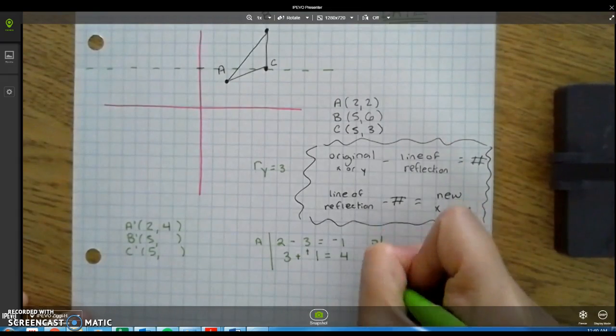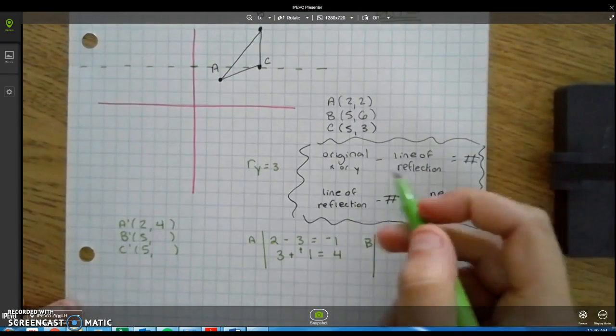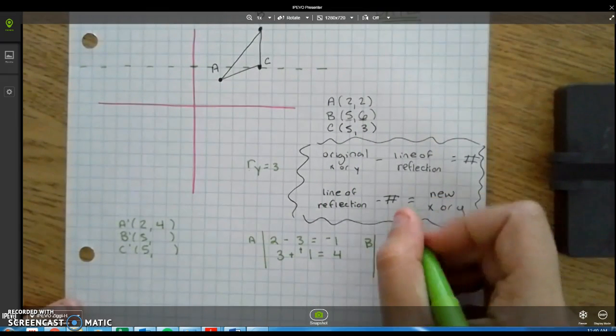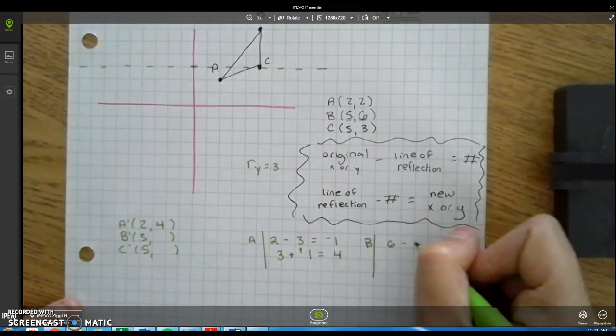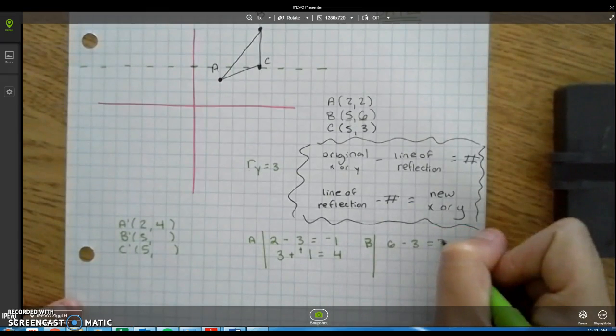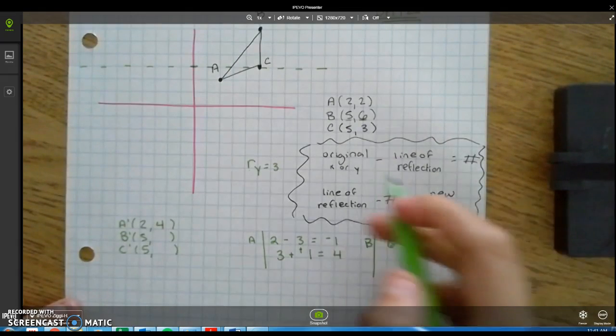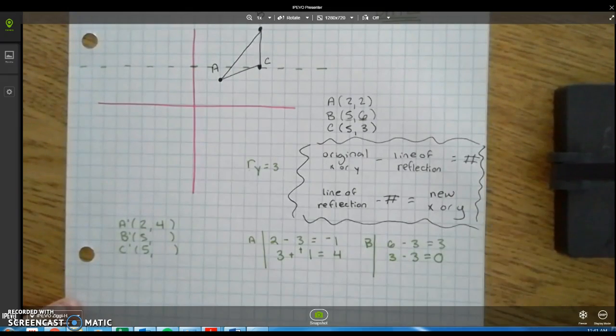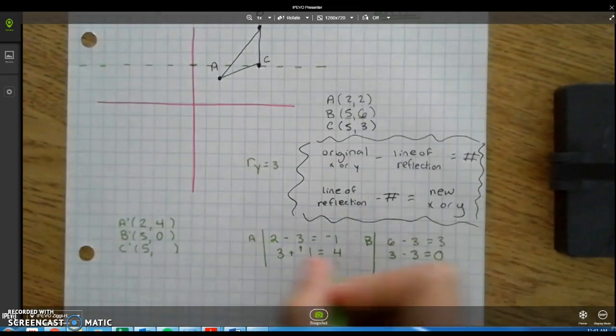B. I had 6 as my y value. 6 minus my line of reflection, 3, gives me 3. My line of reflection is 3, minus 3 is 0. So that's my new y value for B prime.